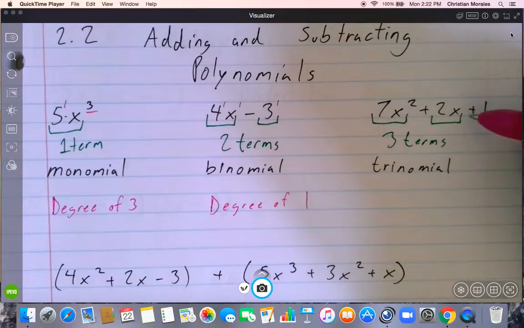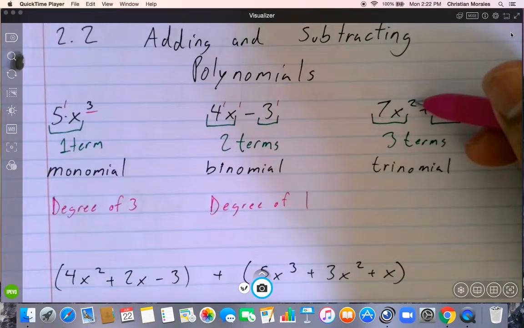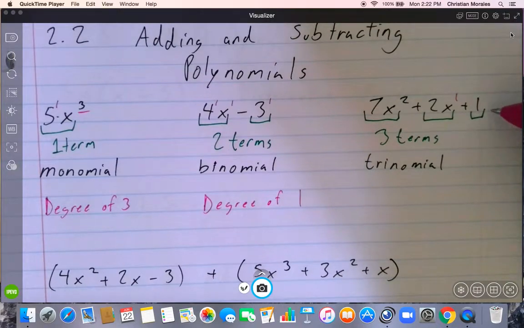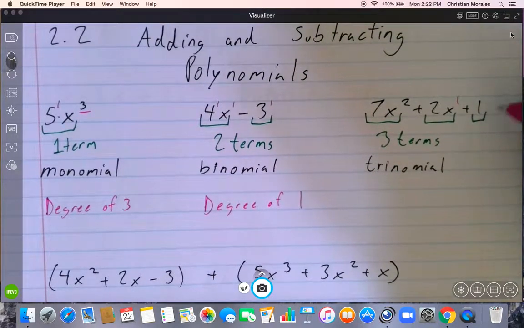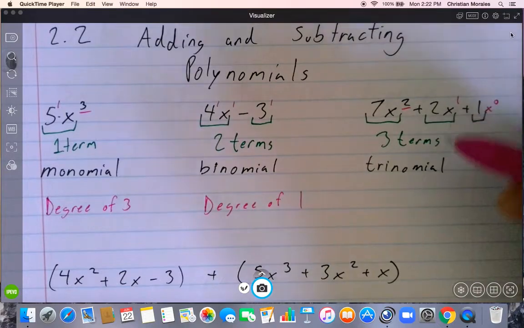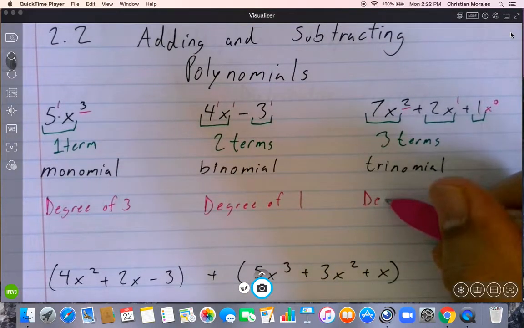Right here, same deal. This is the biggest one. This one also has a power of 1. Now, what's really interesting is this one. There's no x, but if you did put one, that would be a degree of 0. If it's not there, it has a degree of 0. Now, you never actually see that, but it's there. But that doesn't matter. You always go with the biggest one. So this has a degree of 2.